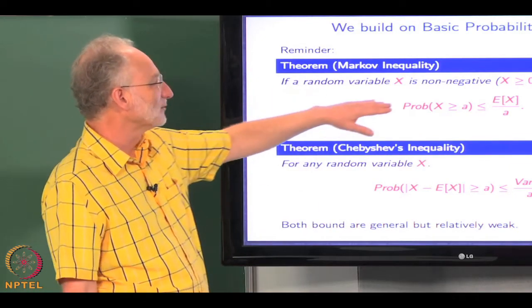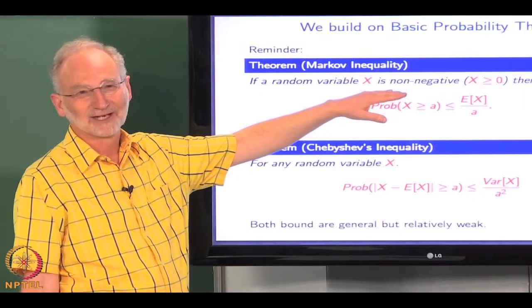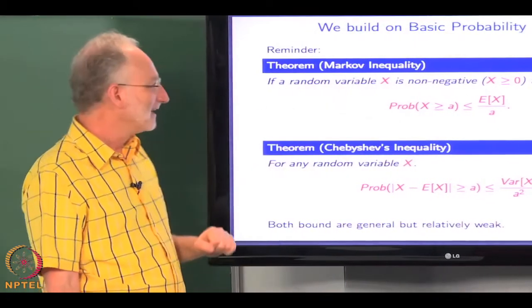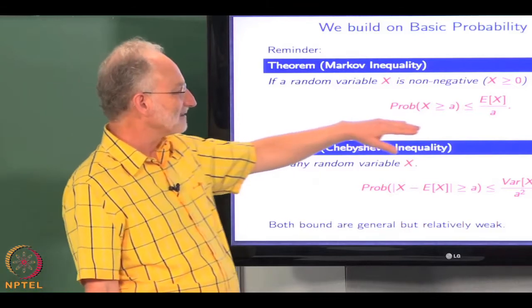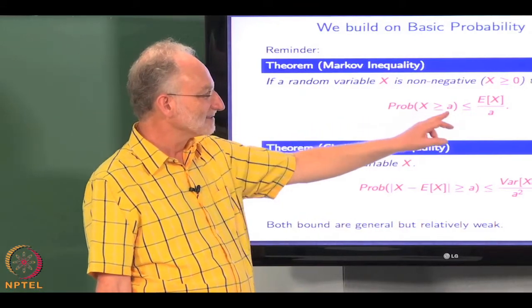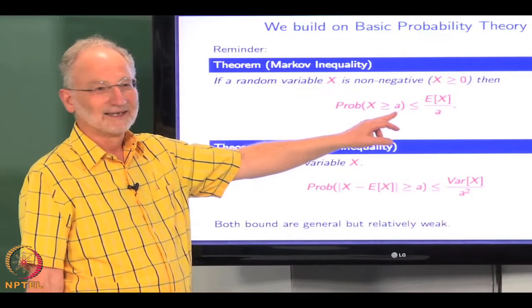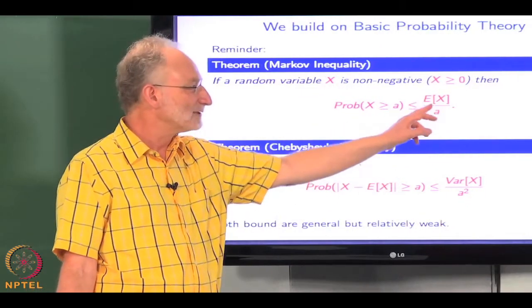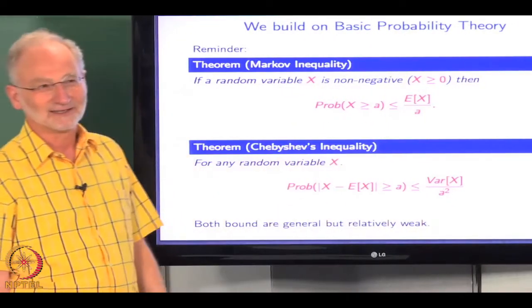It only applies to a random variable that is non-negative. The probability that this random variable is greater than some value a is bounded by the expectation of the random variable divided by this value a.